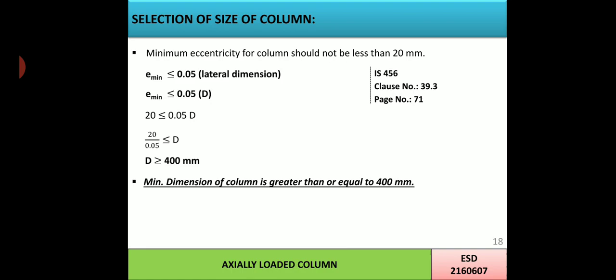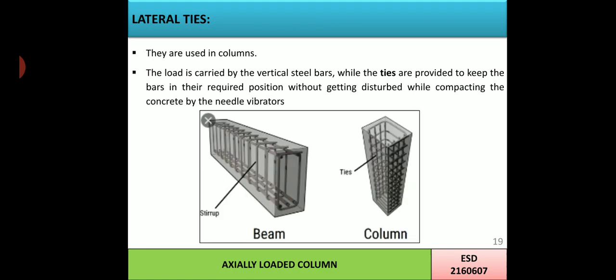That means the minimum dimension of the column is greater than or equal to 400 mm. So this is one of the main criteria while deciding the size of the column. Minimum diameter of the column for the circular section is 400 mm, while for rectangle or circular column minimum dimension will also be the same, that is 400 mm.